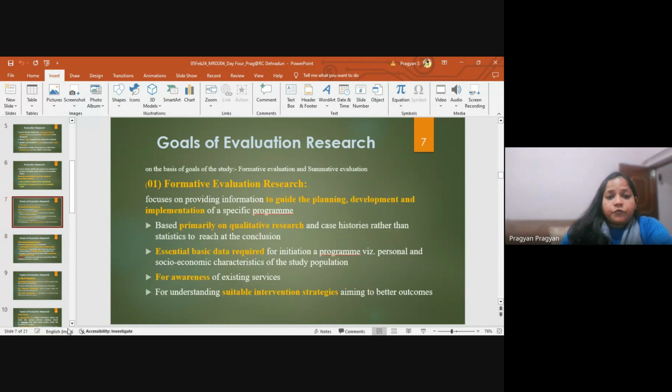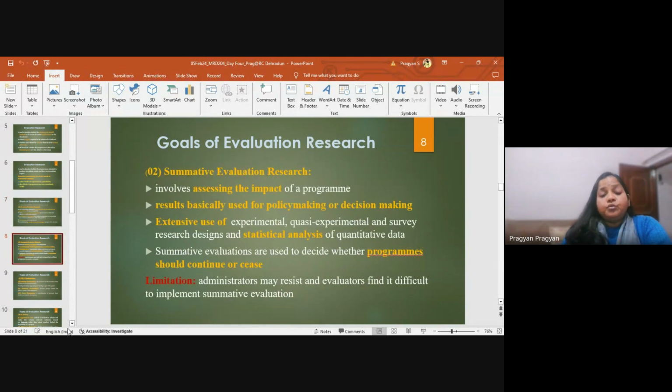In formative evaluation research, the purpose was to have a basic understanding on the basis of that basic data, so that you can plan and develop suitable intervention strategies.